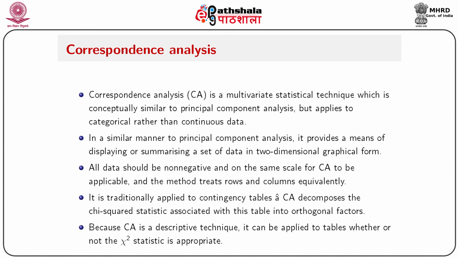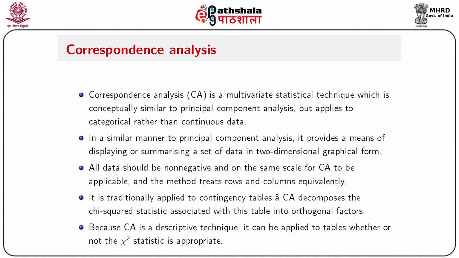All data should be non-negative and on the same scale for CA to be applied, and the method treats rows and columns equivalently. It is traditionally applied to a contingency table. The CA decomposes the chi-square statistic associated with this table into orthogonal factors. Because CA is a descriptive technique, it can be applied to a table whether or not the chi-square statistic is appropriate.